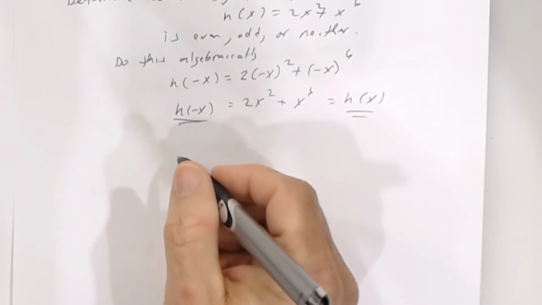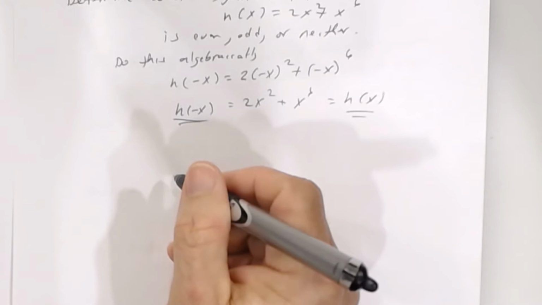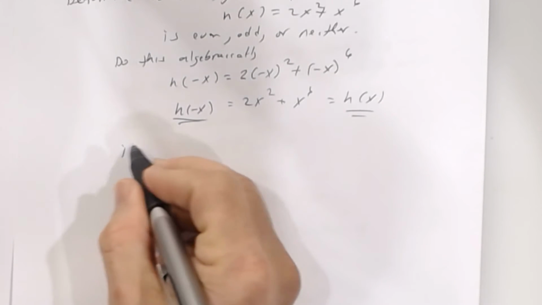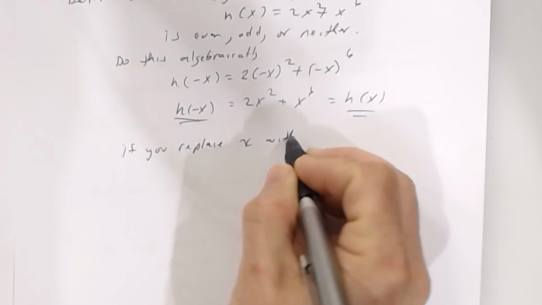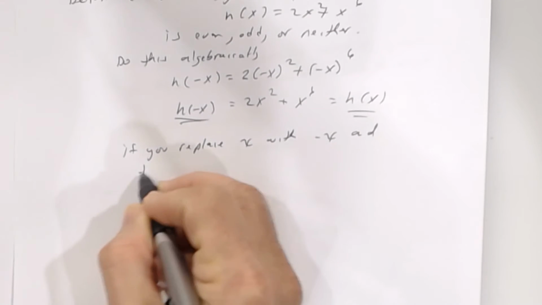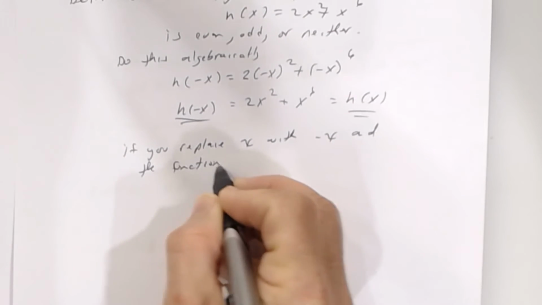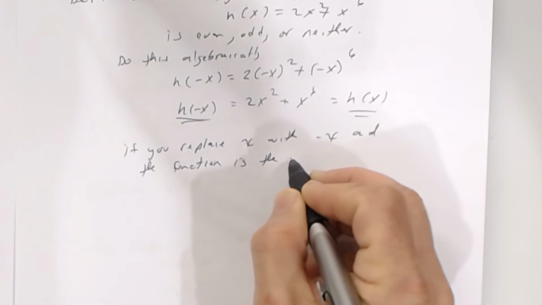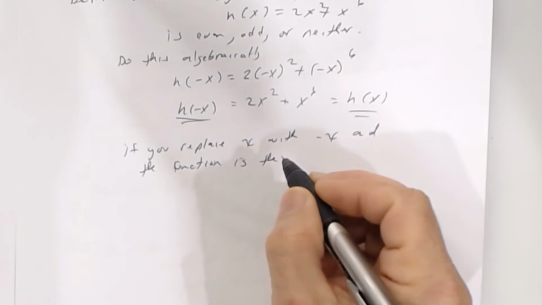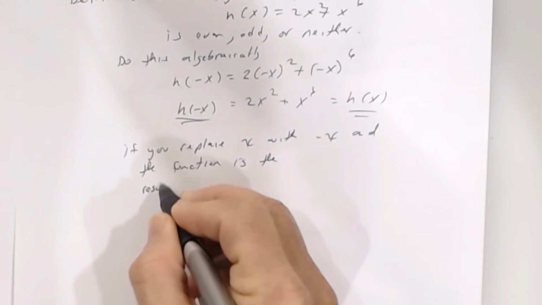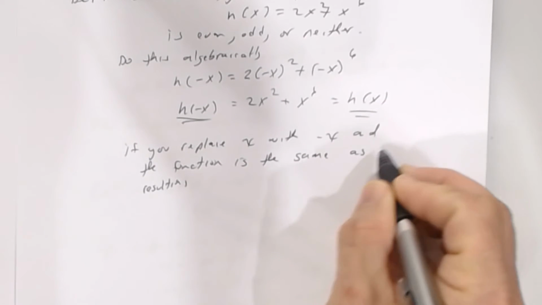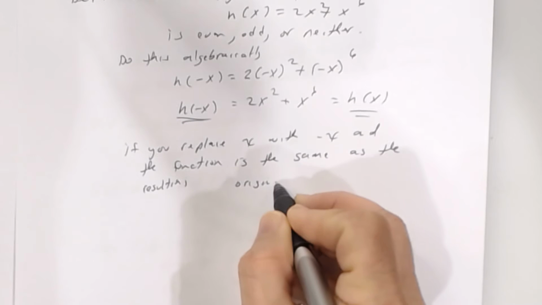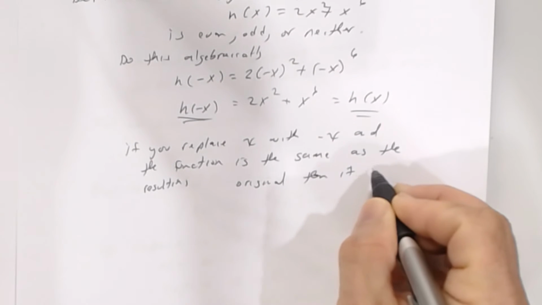If you replace x with negative x, and the resulting function is the same as the original, then it is even.